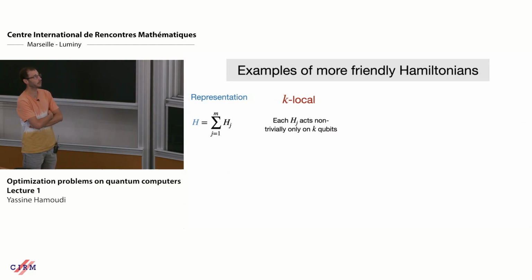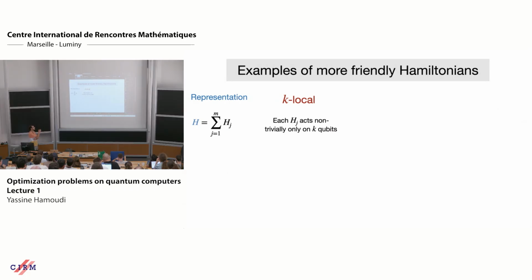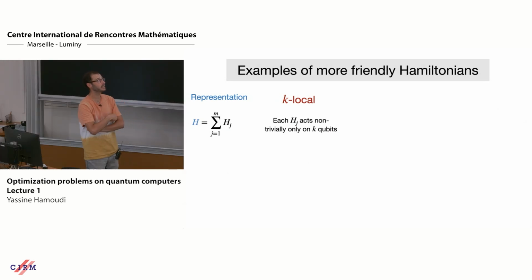A first example of a very common Hamiltonian is something called K-local. What does it mean? It means that you can represent H as a sum of individual Hamiltonians, H1 up to Hm. Think of m as being something small compared to the dimension. And each of the individual Hj is acting non-trivially only on a small number of qubits.